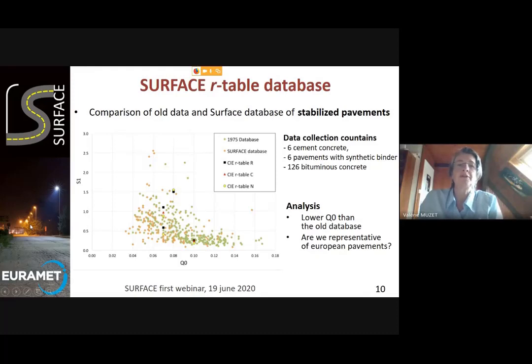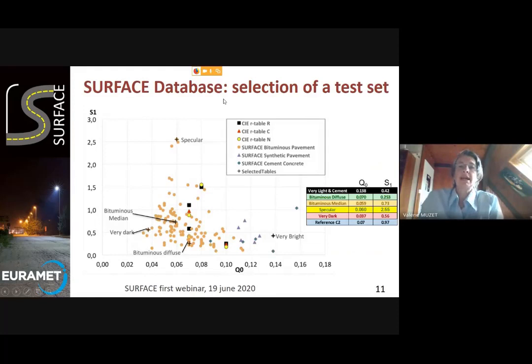with a choice of specific behavior on pavements. We decided to select a test set with a bituminous medium from our database, a specular pavement, a very bright pavement, a very dark one, and a bituminous diffuse.